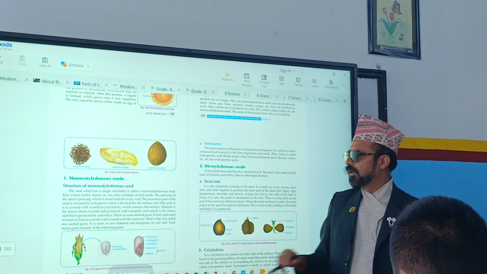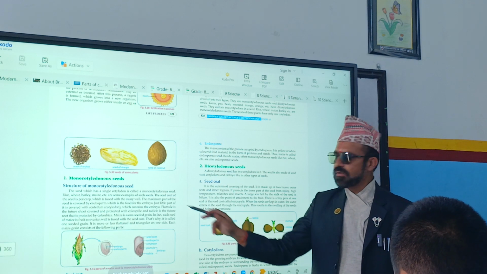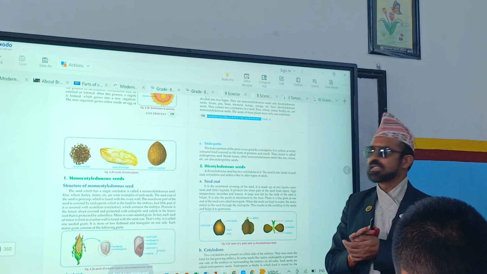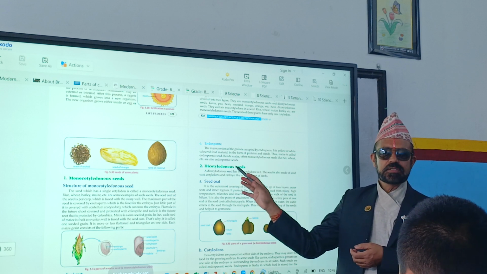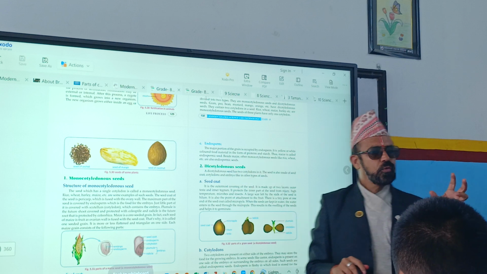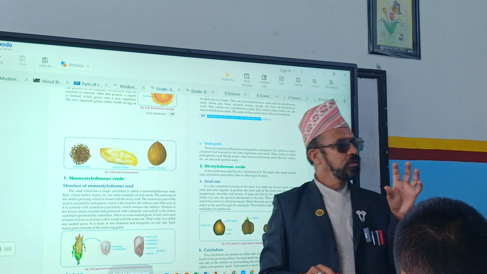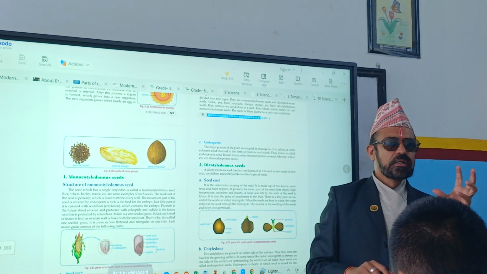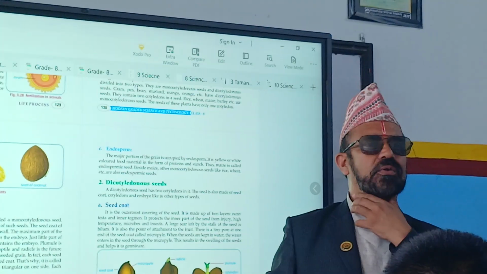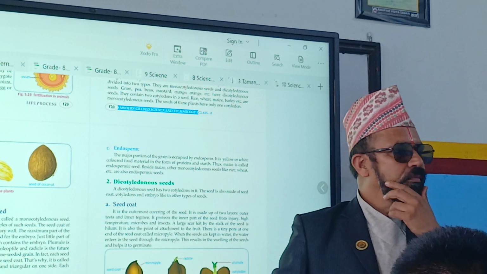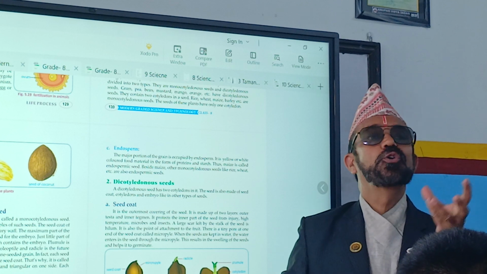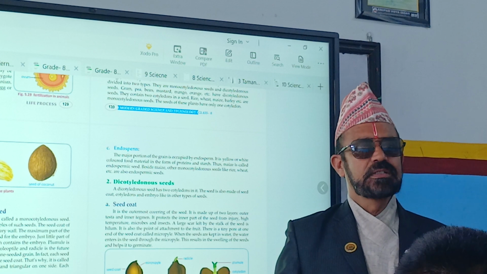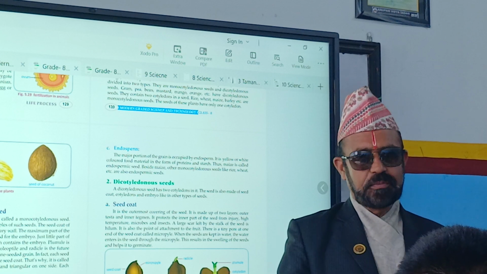But one thing you have to remember, in case of monocotyledonous seed, there is more endosperm. Endosperm is more in monocotyledonous seed than dicotyledonous. Coconut. Do you eat coconut or not? Is coconut monocotyledonous or dicotyledonous? That is also monocotyledonous. Whatever you eat, that is the endosperm. That much endosperm is there, right?